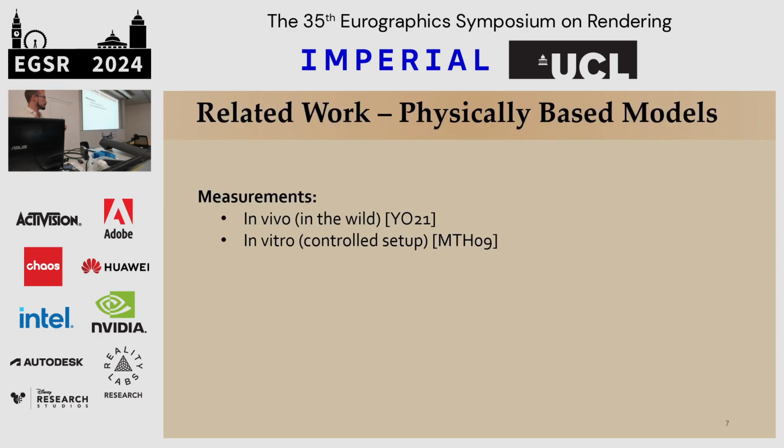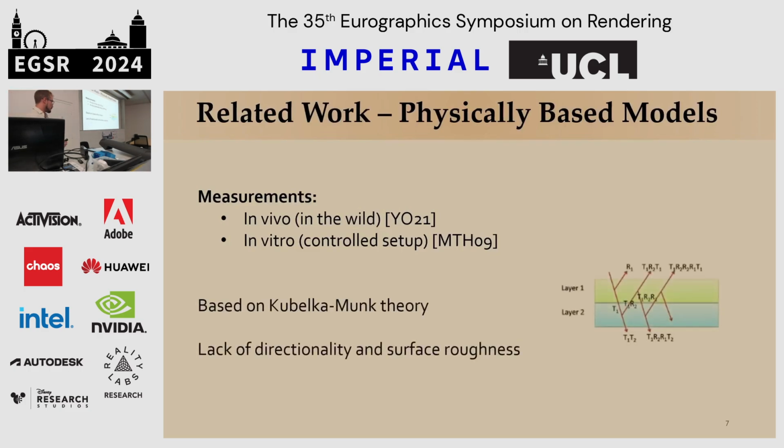In vitro is a controlled setup, which is easier for making measurements, but at the same time does not consider all the skin types. The problem with these two previous works is that they rely on Kubelka-Munk theory, which lacks directionality and does not account for surface roughness. I mean, it's possible to account for it, but the main theory was not developed to take surface roughness into account.